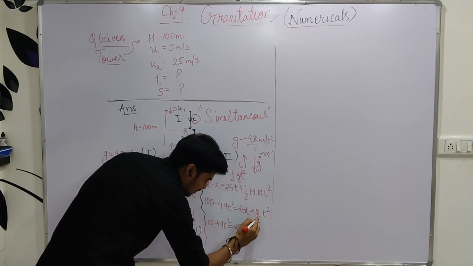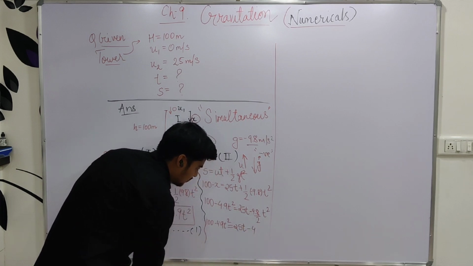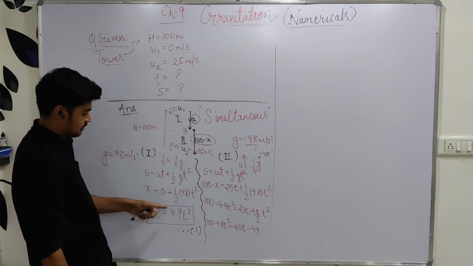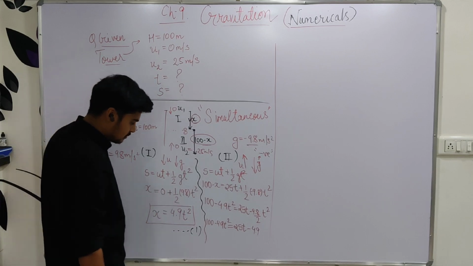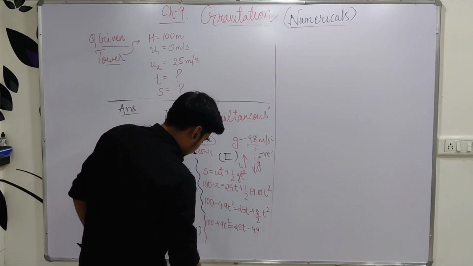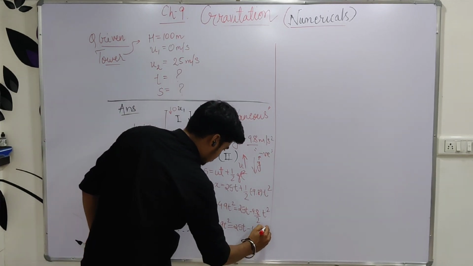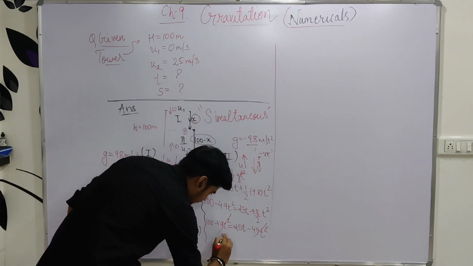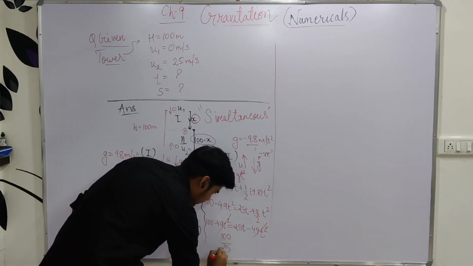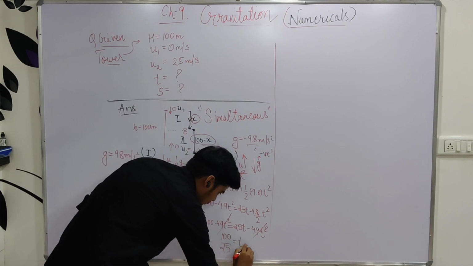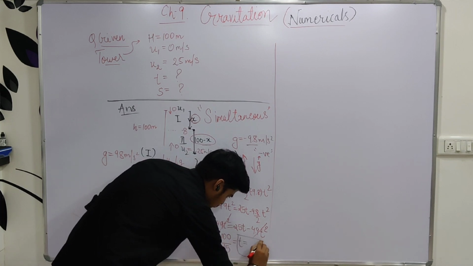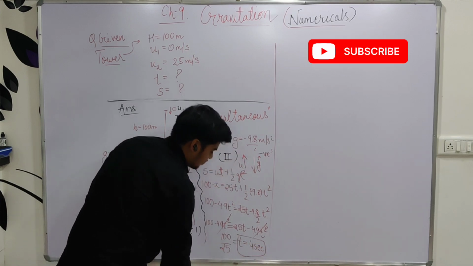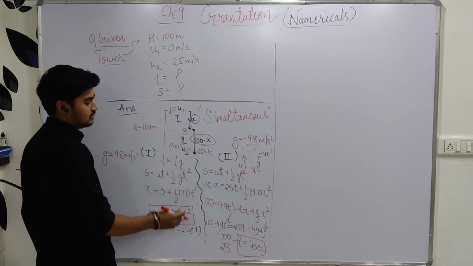This will be 9.8 by 2, which is nothing but 4.9 only. 4.9 t square, 4.9 t square cancel. We will get 100 by 25 as t. So t will be equals to 4 seconds. So the time is 4 seconds.